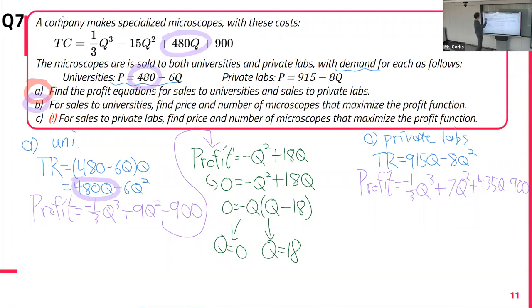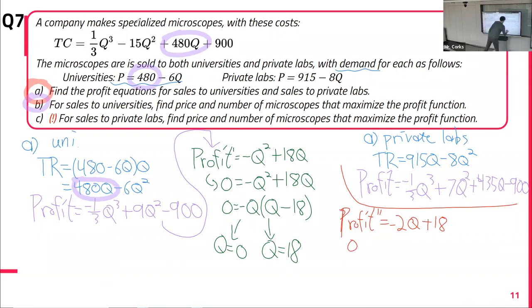And we can do our second derivative test. Our second derivative for profit is negative 2Q plus 18. If Q is equal to 0, our second derivative is positive or negative?